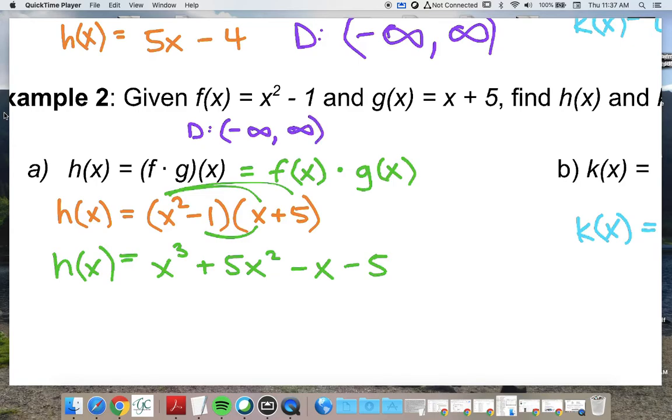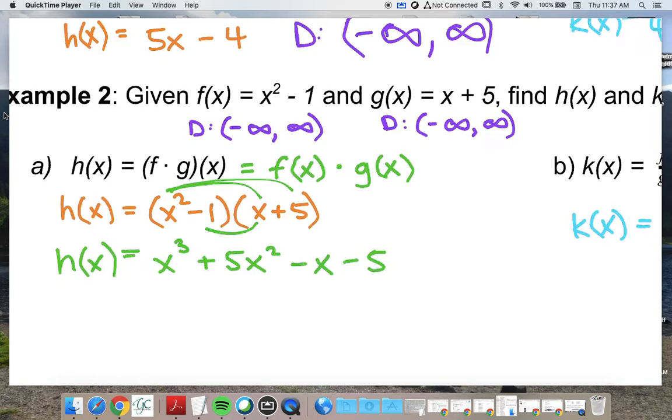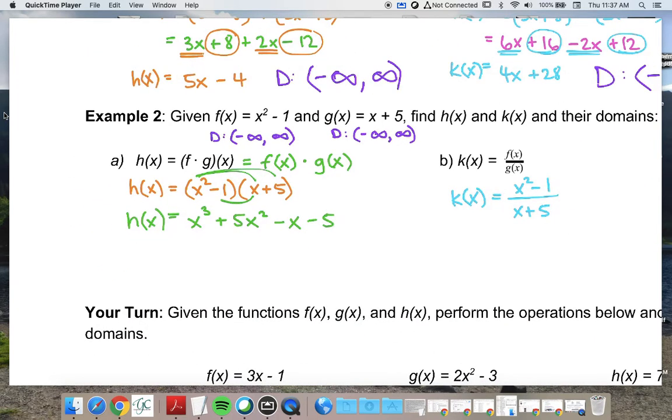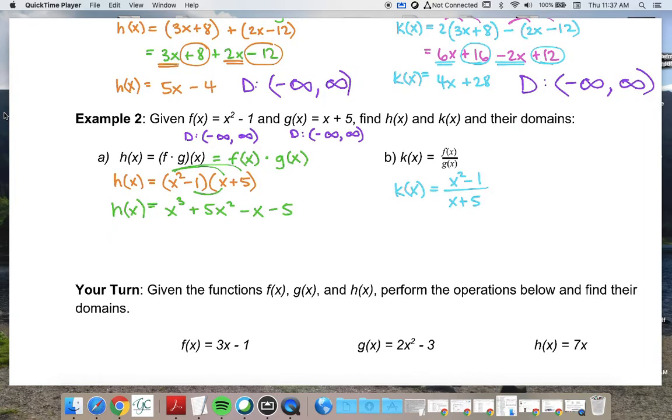And g of x is the equation x plus 5. That's a line, and like we talked about before, all lines have a domain of negative infinity to infinity. So these domains are the exact same, which means as long as we did not divide in our problem, our domain is going to be negative infinity to infinity.